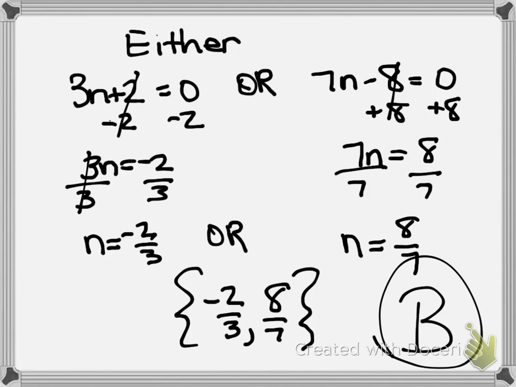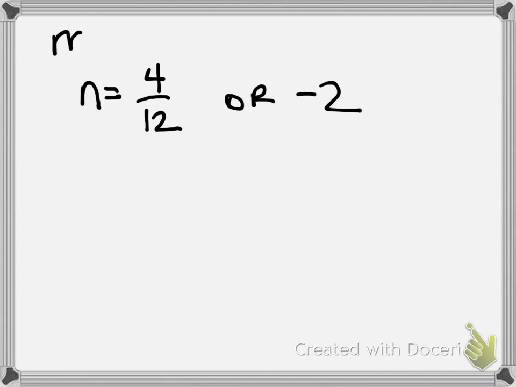So one thing to remember with these fractions, make sure they're simplified. For instance, if you came up with a solution that said either n equaled 4/12 or negative 2, this is just a made-up example. Okay, this is none of your answers.